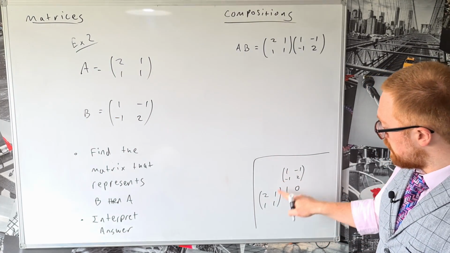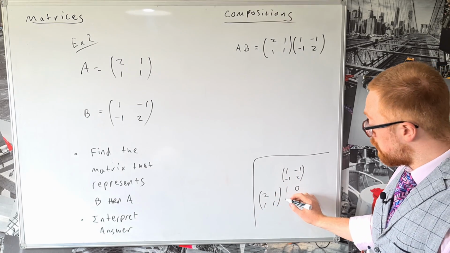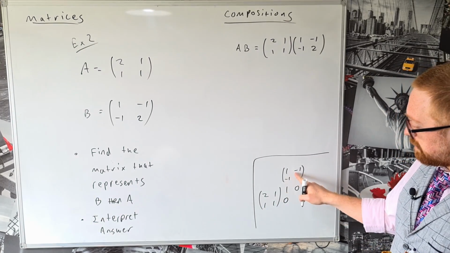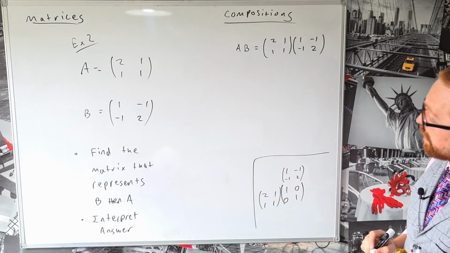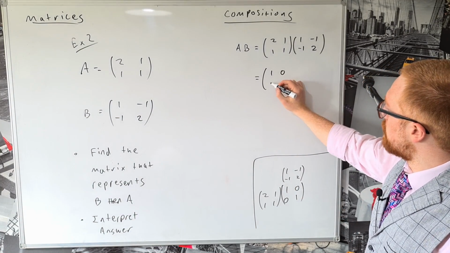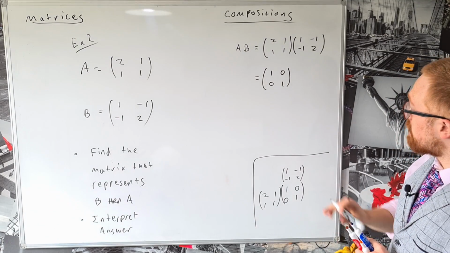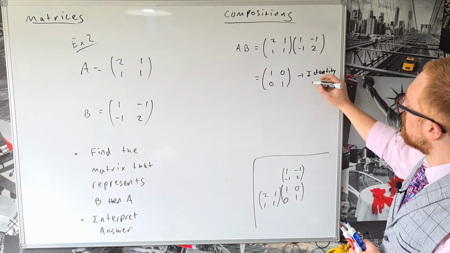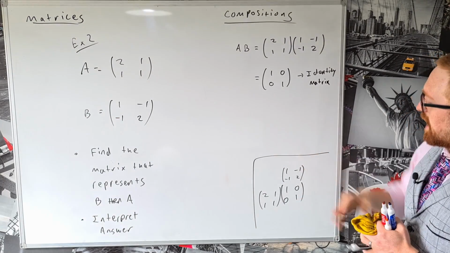Okay. 1 times 1, and then negative 1 times 1, and 1 minus 1 is 0. And then 1 times negative 1 is negative 1, plus the 2 is 1. So B then A is equal to 1, 0, 0, 1, which if you saw the first video, you might recognise as the identity matrix. So this is the identity matrix.